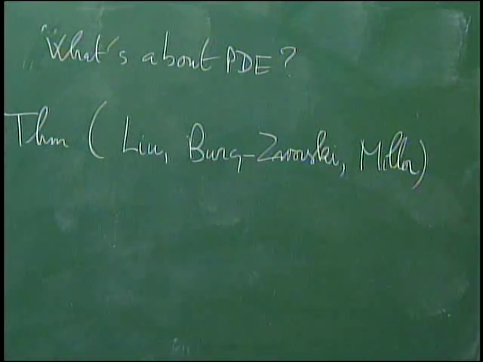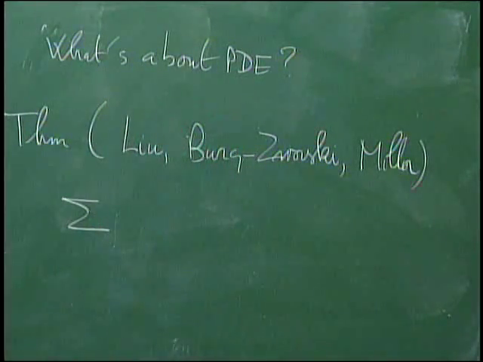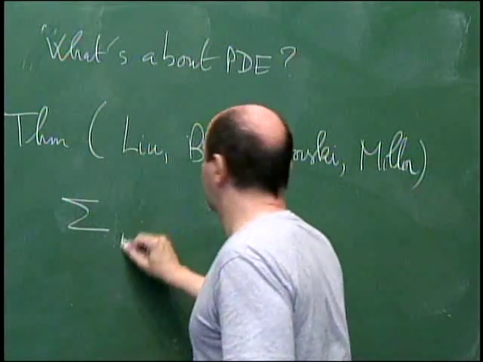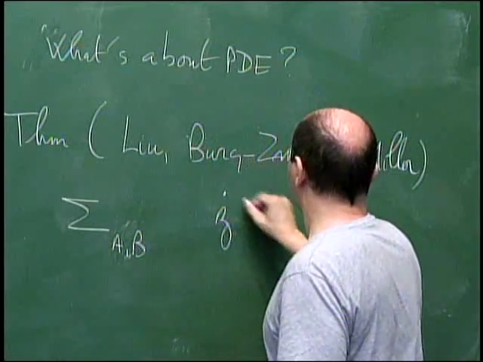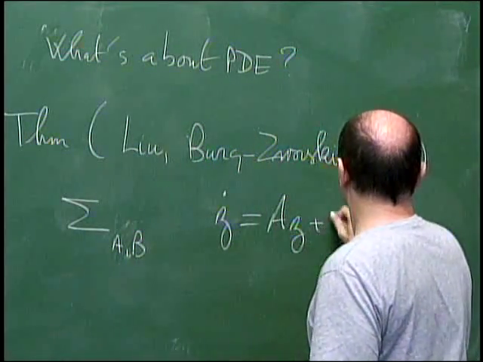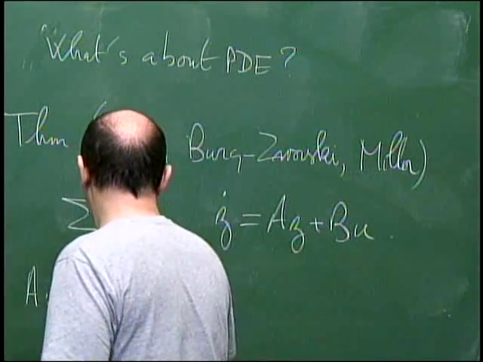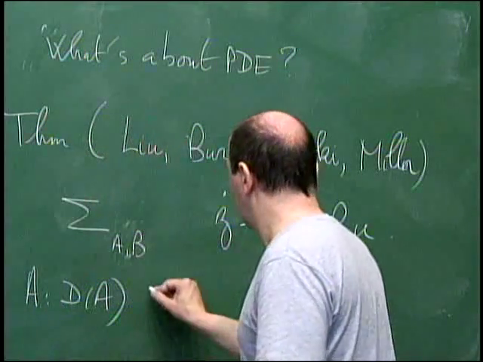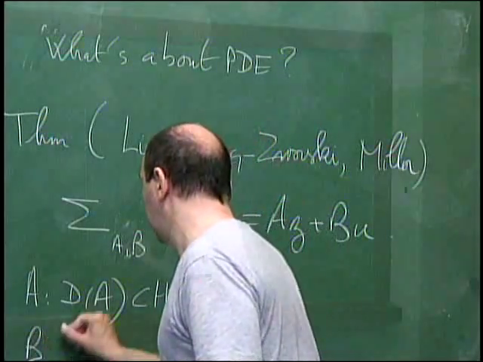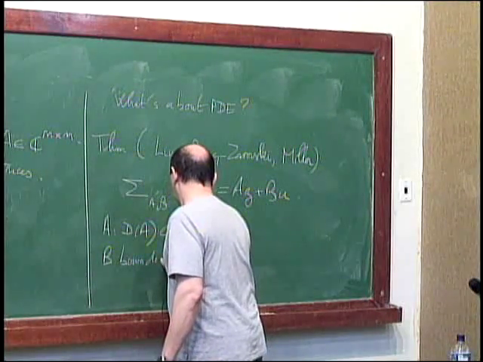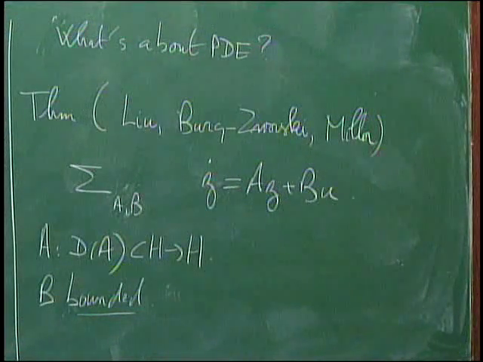So let us consider again this system, but now for an unbounded operator, so for PDE. You assume that A is some operator from D(A) with values in H, and assume B bounded, but actually you have some extension for unbounded operators. And the criterion is the following.